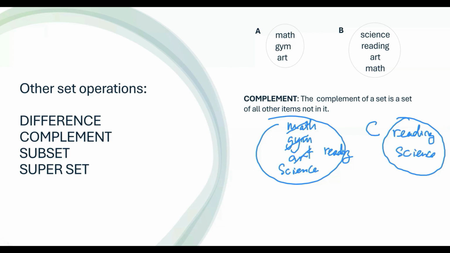Now, if you try to get the complement of B, you do exactly the same thing. You find the union of the two, and then you cross out everything that you see in B. Yeah. In that case, if you cross out everything you see in B, then the complement set for B will be just gym, just one item.